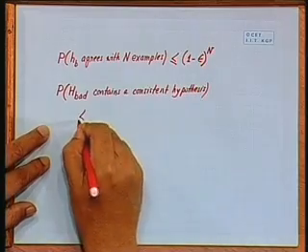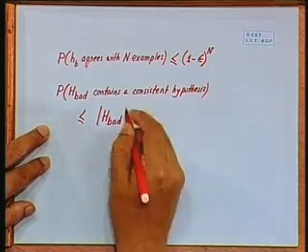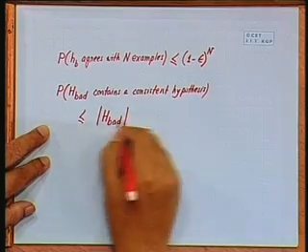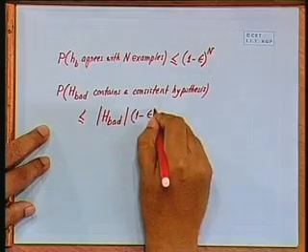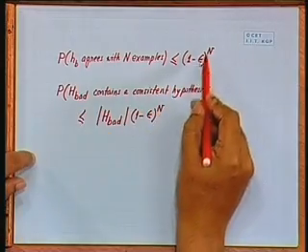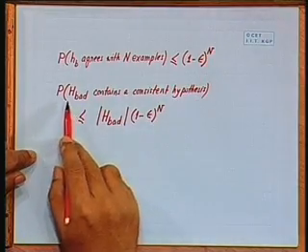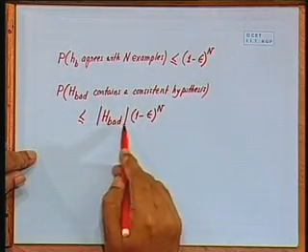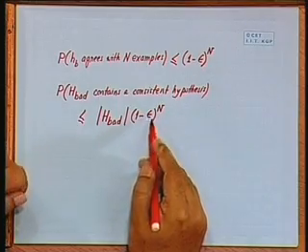So, it is less than or equal to the cardinality of the H bad set times 1 minus epsilon to the power of n, because if one hypothesis has this probability, then if we take the total set, it is the cardinality of that set times this, right.